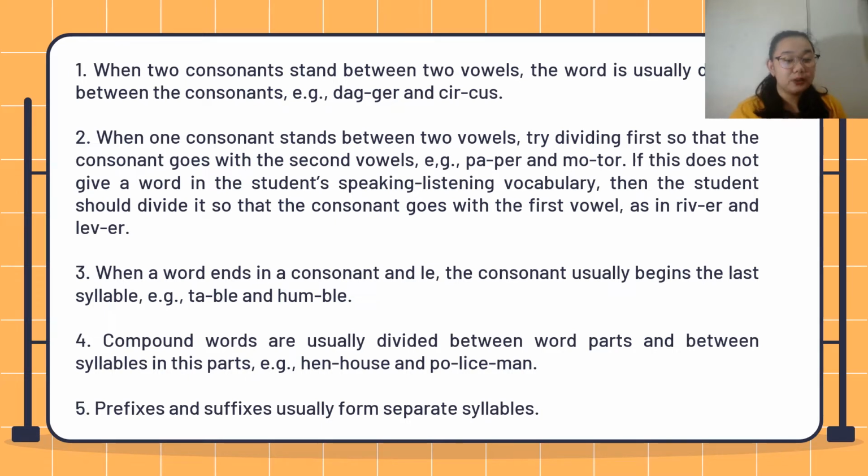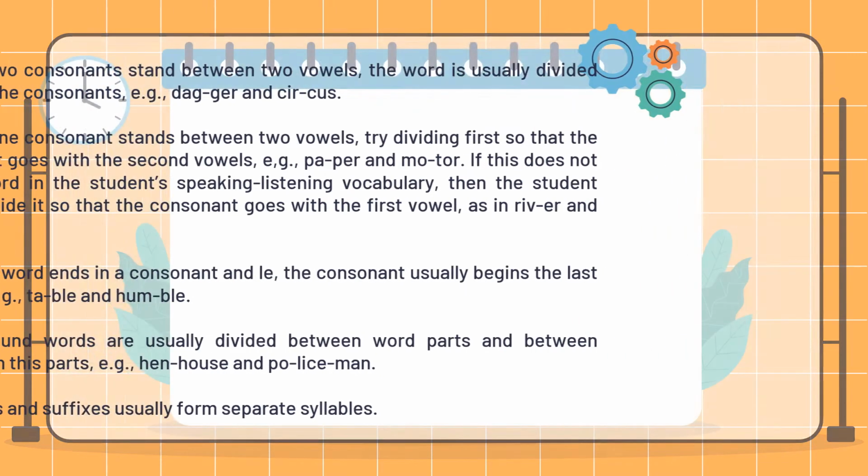For example, table and humble. Compound words are usually divided between word parts and between syllables in the parts, for example, hen house and policeman. Lastly, prefixes and suffixes usually form separate syllables.